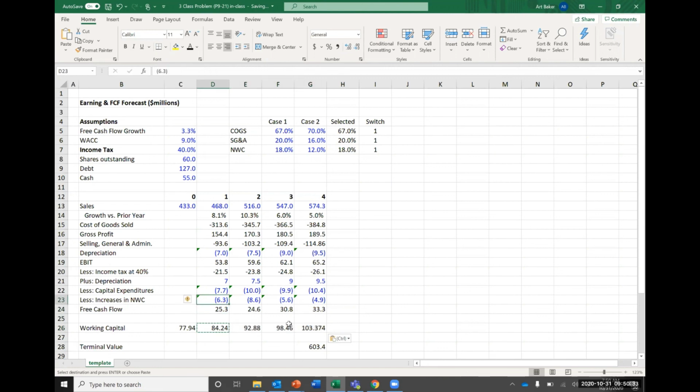So they had negative 6.3 as the change in working capital. So what I'll replicate, I will say equals negative, and then I'll go to 84. I have to put brackets around it. 84 in year 1 minus 77.94 in year 0. And it does give me 6.3, right? So we just backed into the number they gave us. And then if I copy that to the right, I've just replicated the numbers.